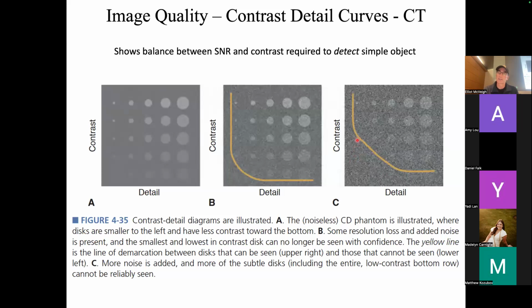And as the noise goes up, the small circles up here, with higher percent contrast, disappear. And so you get this kind of curve that contains those things that you can see and tells you the dimensions of things that you won't see in this picture.